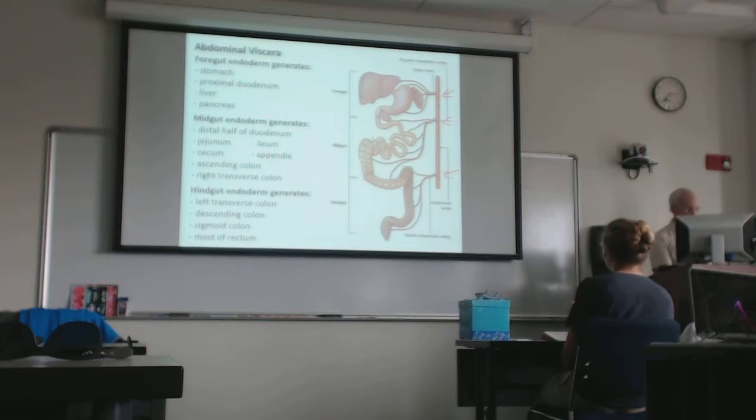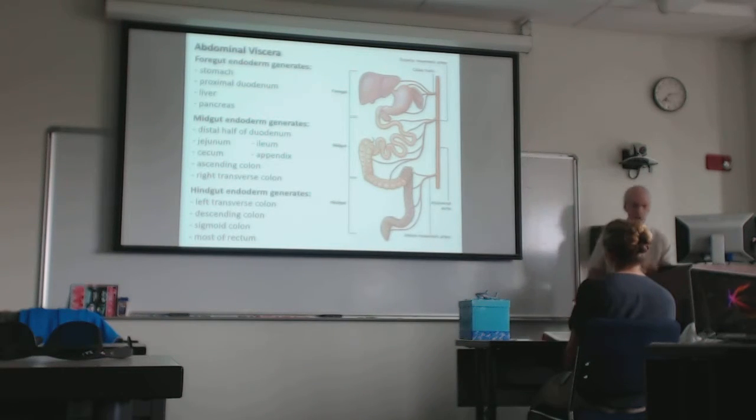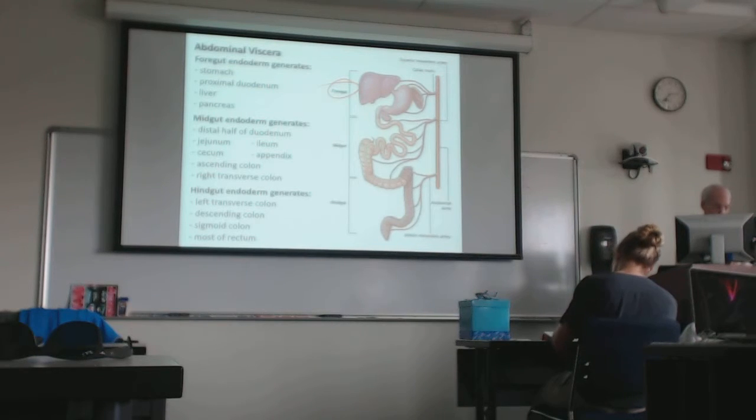And so what do you notice about the relationship between those three vessels and the foregut, the midgut, and the hindgut? Yeah, the celiac supplies the foregut, the superior mesenteric supplies the midgut for the most part, and the inferior mesenteric more or less supplies the hindgut.